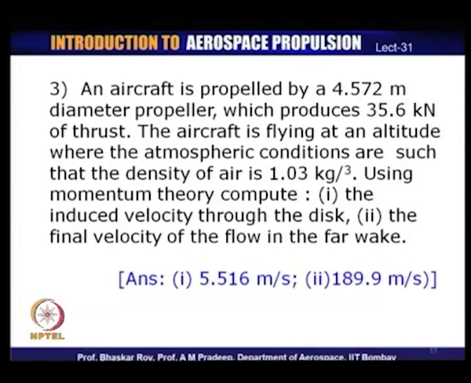Now, this aircraft is flying at an altitude where the density of the air is 1.03 kilograms per meter cube. Using momentum theory, compute the induced velocity through the disk.